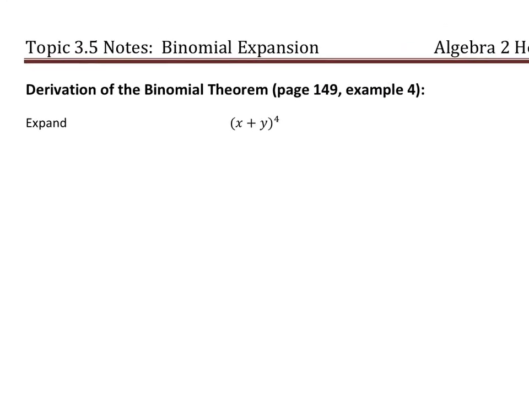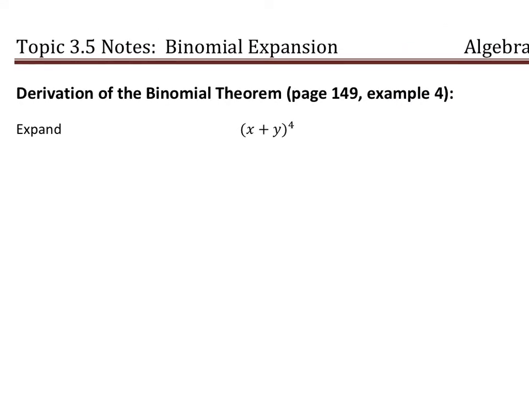Okay, let's get started. Let's take a look at a binomial, x plus y, raised to the power of 4, and see what that looks like. We could rewrite this as x plus y squared times x plus y squared.